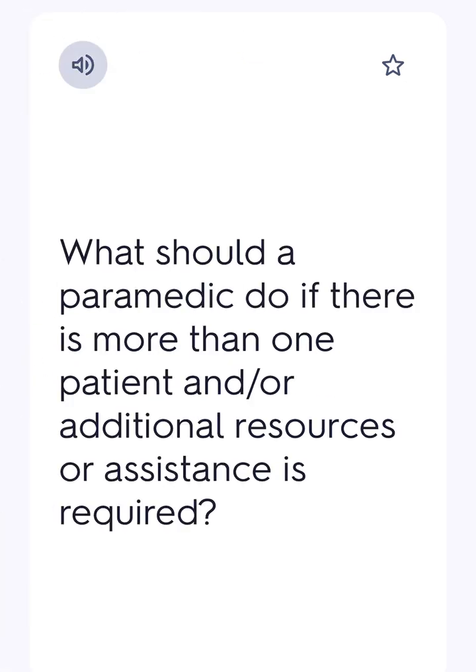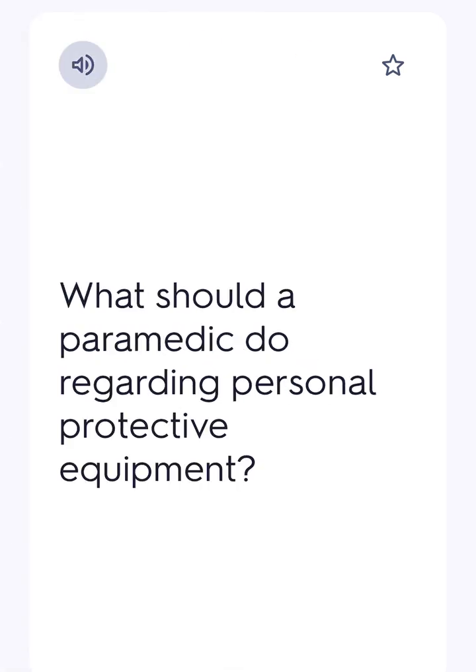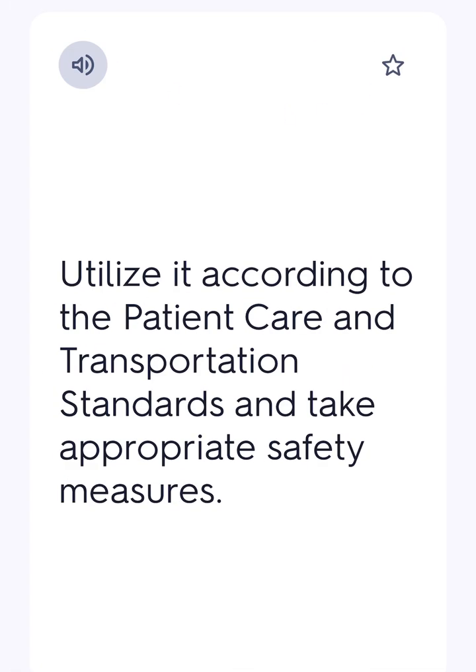What should a paramedic do if there is more than one patient and/or additional resources or assistance is required? Make requests to CCC/ACS. What should a paramedic do regarding personal protective equipment? Utilize it according to the patient care and transportation standards and take appropriate safety measures.